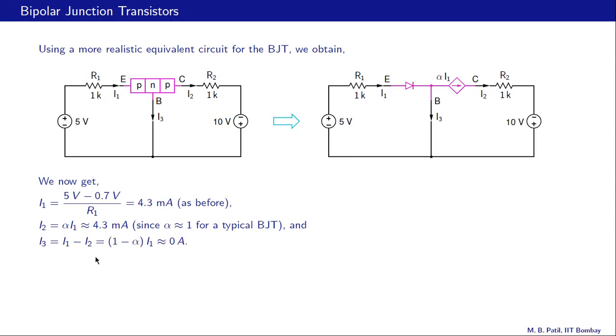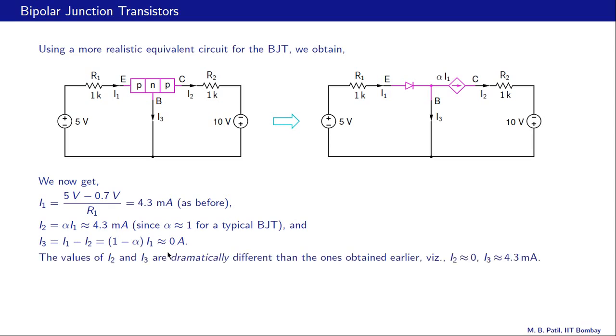How about I3? I3 is I1 minus I2. Now I2 is alpha times I1, so therefore this is 1 minus alpha times I1, and since alpha is close to 1, I3 will turn out to be 0, very small. Now these values of I2 and I3 are dramatically different than the ones we have obtained earlier in the last slide.